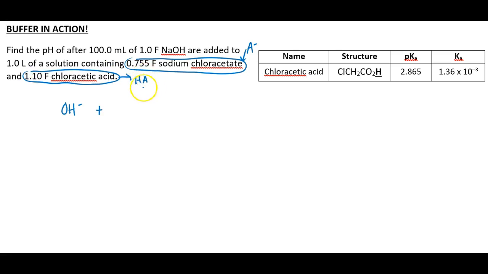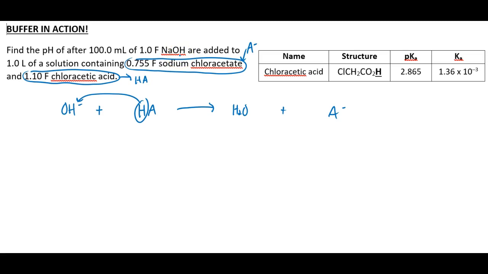And which one of these solutes is going to neutralize a base? The acidic one. So OH is going to get neutralized by HA to form water and more A-. So some of this HA is going to get consumed by the OH.